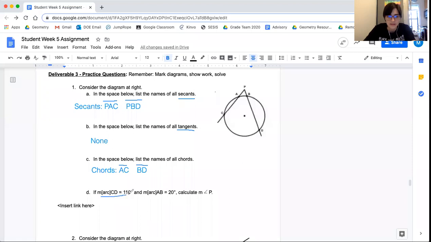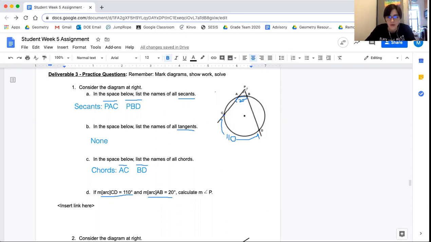So if arc CD is 110 degrees, to find the arc I go C to D. So I know this is 110. I know that the writing is not great, I'm sorry. And if arc AB is 20, A to B, that's going to be 20 from here to here.